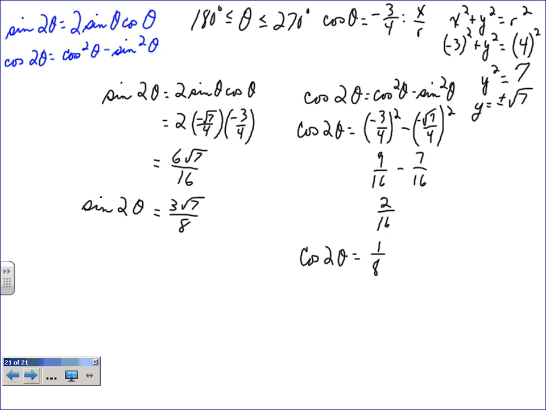If theta is between 180 and 270, 2 theta would be between 360, that's like at 0, and 540. So that tells you it's going to be either in the first or second quadrant, but these tell you it's in the first because they're both positive.